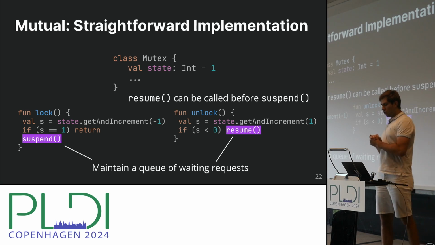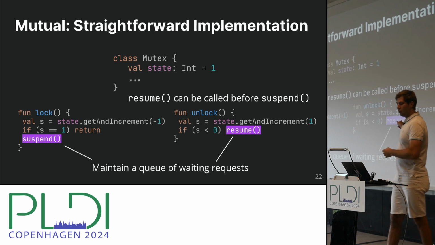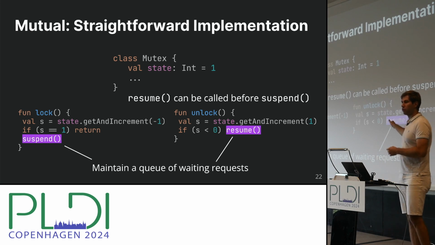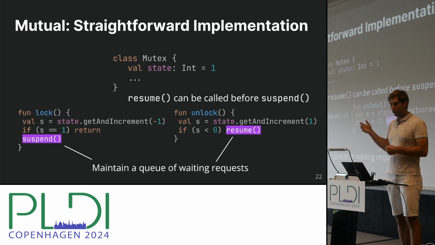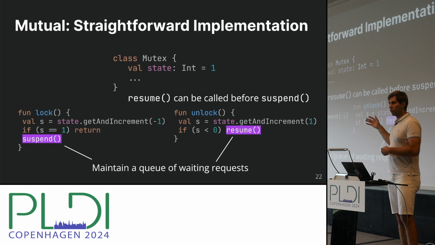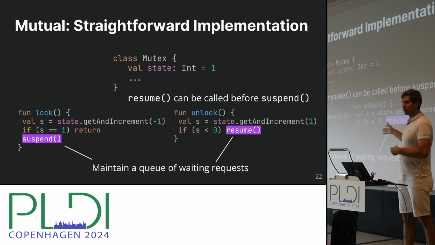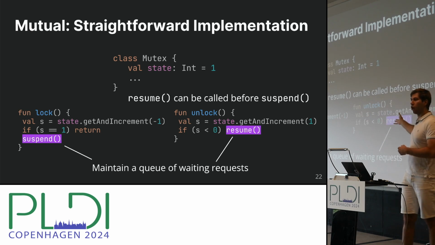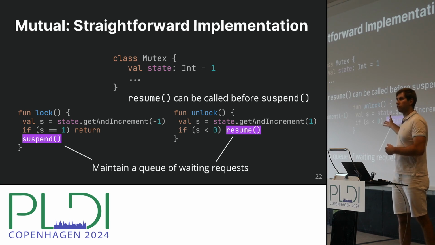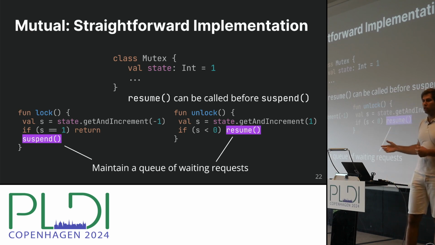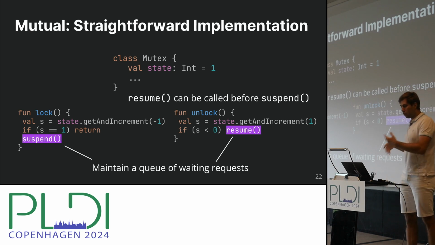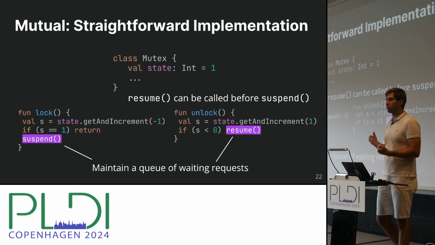It's also possible that resume here can be called before suspend. For example, when acquiring the lock, we first increment the counter, but before calling suspend, we can call unlock, which calls resume, because it notices that there is a waiting lock request. So it's possible to call resume before suspend.